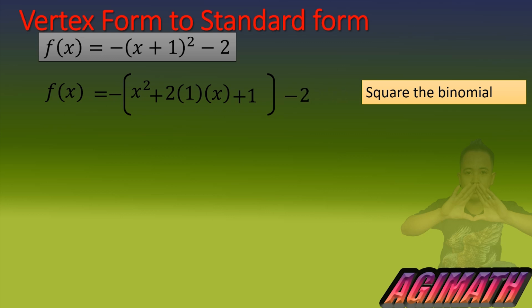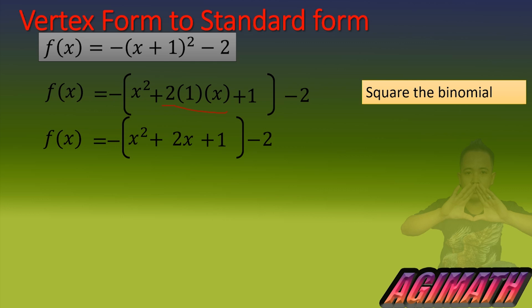When we say squaring the binomial, it also means simplifying this part. So you are going to have f of x equals negative times x squared, plus 2 times 1 times x is 2x, plus 1, and of course the minus 2. After squaring the binomial, we apply the distributive property if possible.